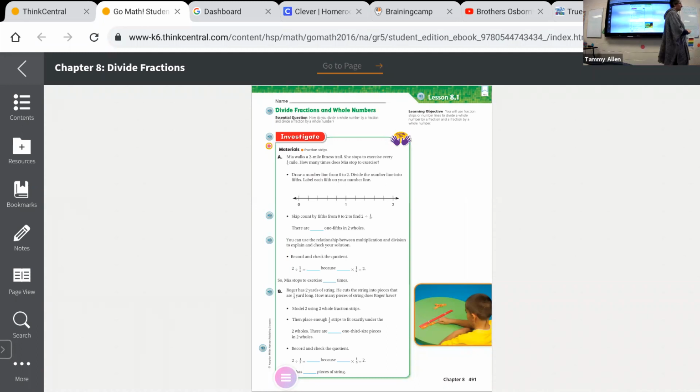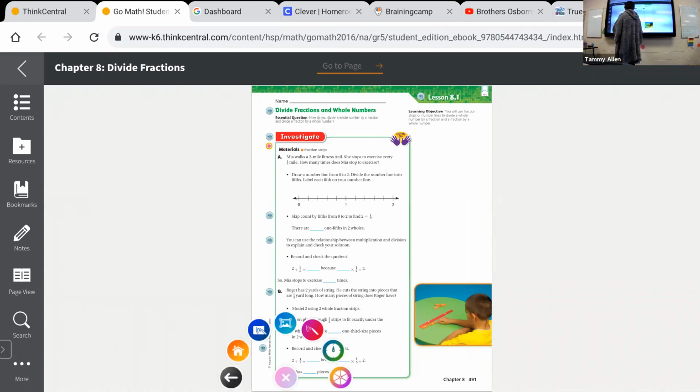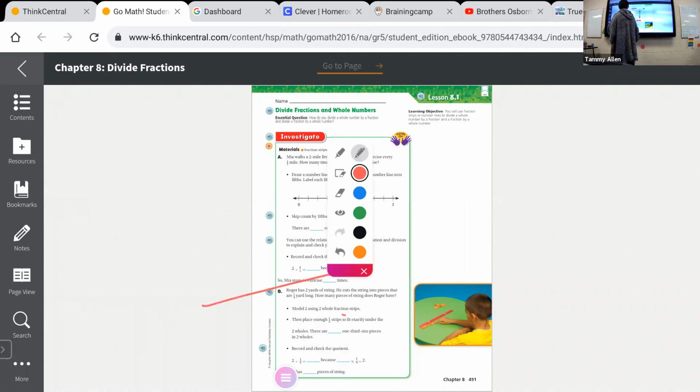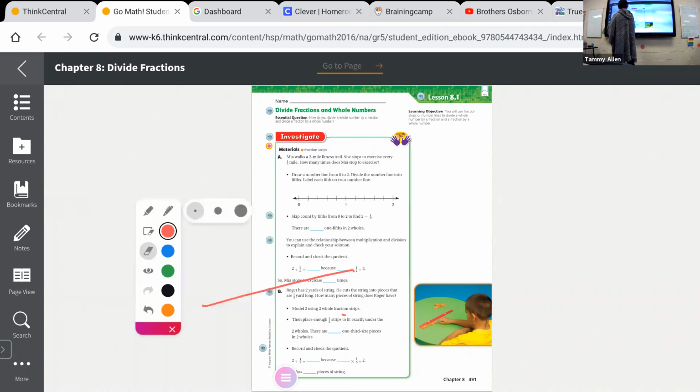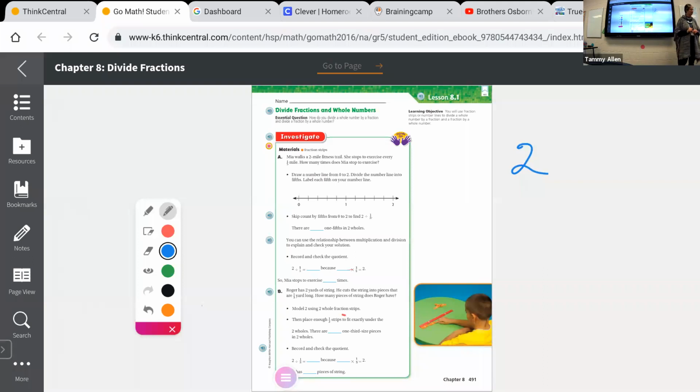Okay. Well, if we take a look at the actual division problem that would go along with this, the division problem that goes along with this is she had a 2-mile hike and she stopped every 1/5 mile.